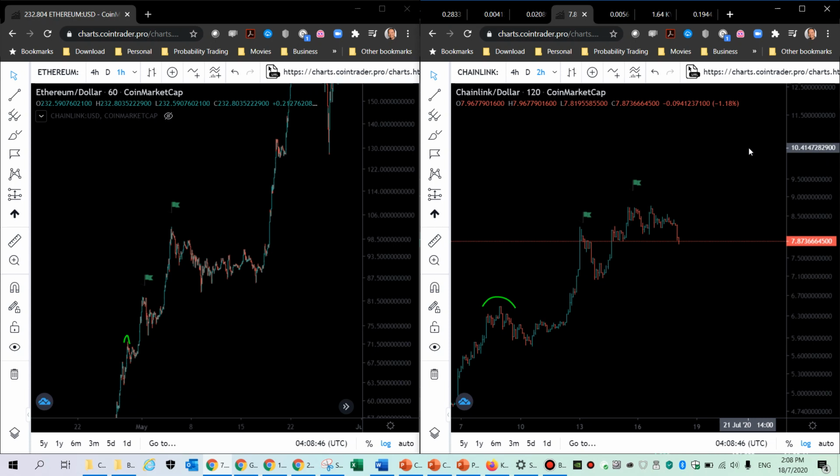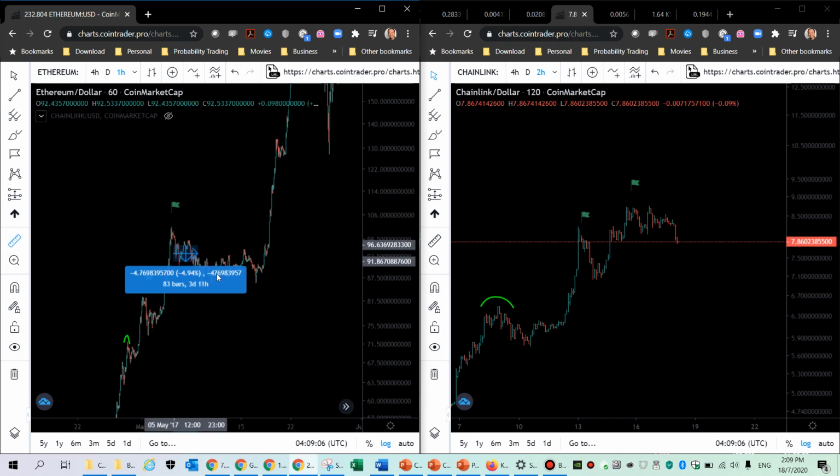But if Kyber just increased by $2, you're pretty much doubling up. So it takes less effort for Kyber to double up than for Chainlink, and Chainlink should be taking some time now. Now let's see how long Ethereum took.